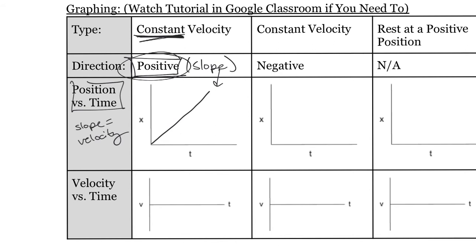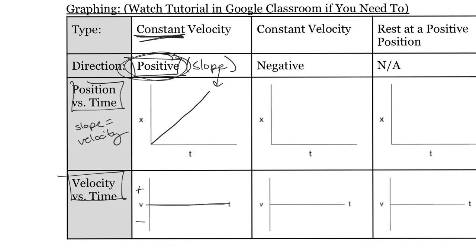It's not curved. Now, we have to change our thinking in order to do velocity versus time. Velocity versus time is no longer talking about physical space. It's talking about the direction the object's going. So if that direction is positive, it ends up on the positive half of the graph. Your graph is split into 2: you've got the positive velocity side and the negative velocity side.